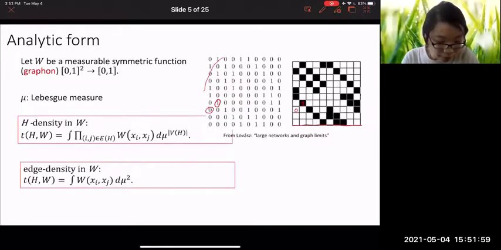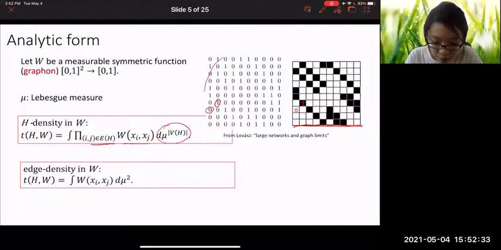And therefore, if mu is the Lebesgue measure on [0,1] squared, then we can similarly define the H density in a graphon G. So basically, it's the same as how we count the subgraph density. You first embed all the vertices of H into the unit interval, or you can think of it as into the vertices of G. And for each edge of H, we look at the weight of x_i and x_j in the graphon.